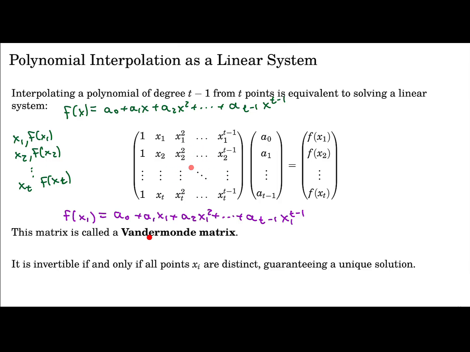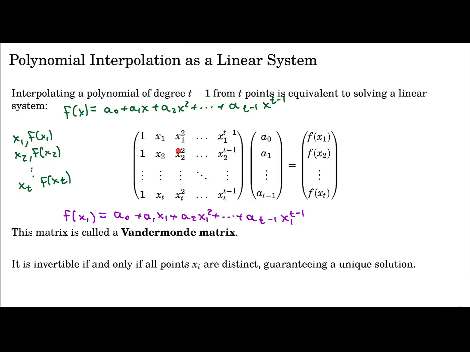It's a matrix where the xi's are, let's say, distinct, and the entries are just powers. It goes like 1, x1, x1 squared, all the way to x1 to the t minus 1. Then it goes 1, x2, x2 squared, and so on. What can be shown about the Vandermonde matrix is that it is invertible if and only if all the points are distinct.